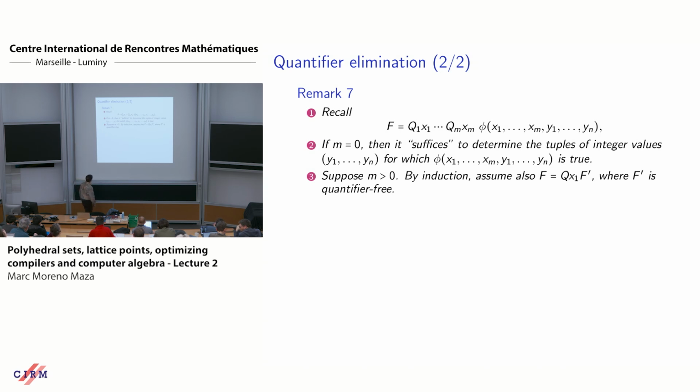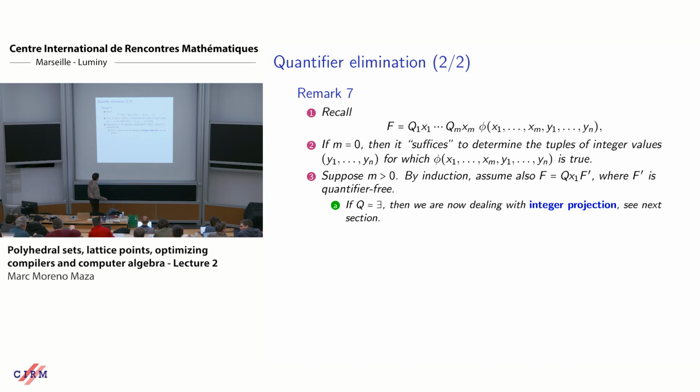If m is positive, that is, if I have at least one variable to eliminate, I'm going to assume that F is of the form Q x1 F', where Q is either exists or for all, and F' is free of quantifiers, because I'm going to build an inductive process. So by induction, I will assume that I have only one variable to eliminate. If the quantifier is existential, what we have to do is what we call integer projection, and this is what we are going to describe in great detail.